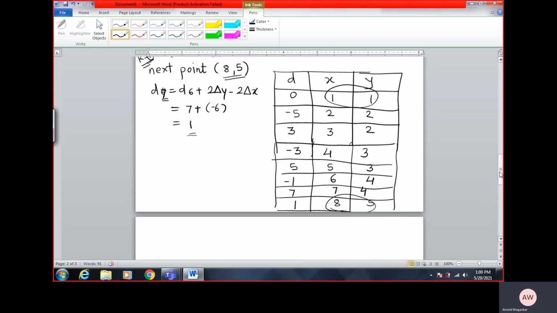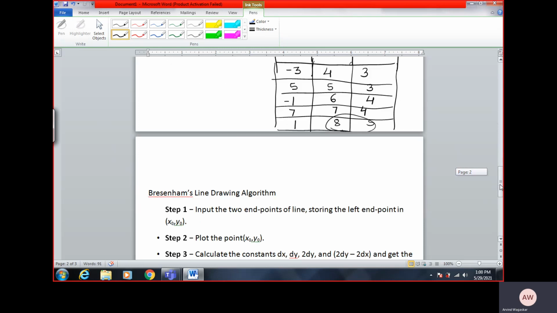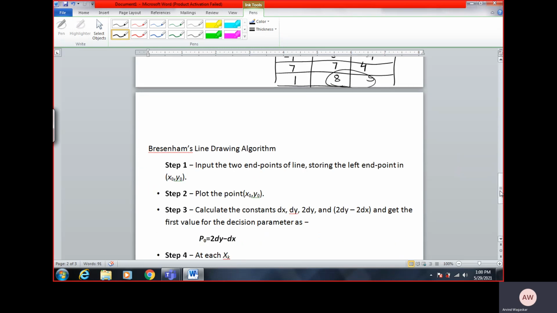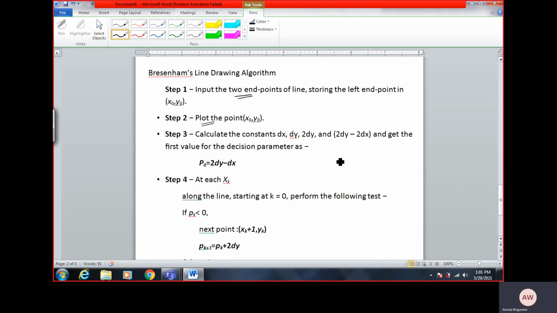Okay, I'll quickly go through the algorithm now. See, the first step is, as we have seen in this example, you have to take 2 endpoints. Then second step is you have to plot the first point. We have plotted x0, y0. Then we have to calculate delta x, delta y, twice delta y, twice delta x.